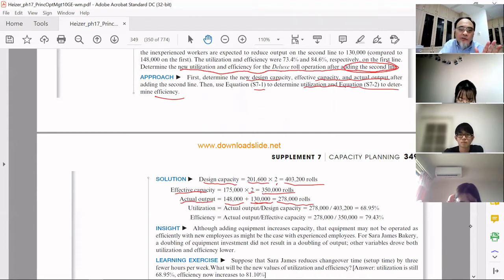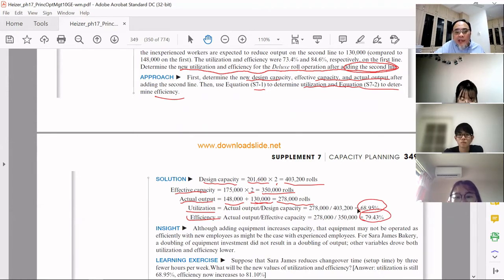So you see here the utilization is only 68.95% compared to just now 74% or 76%. Efficiency has dropped from 85% to 79%.